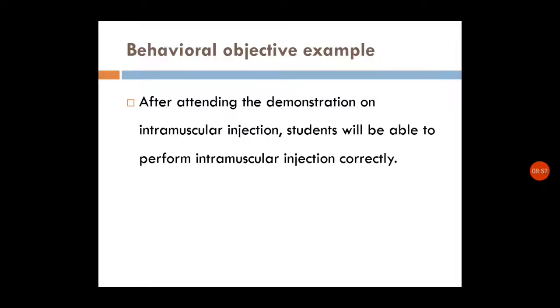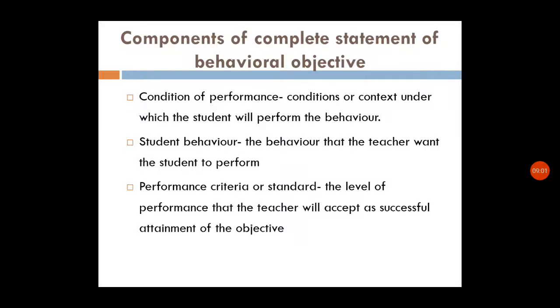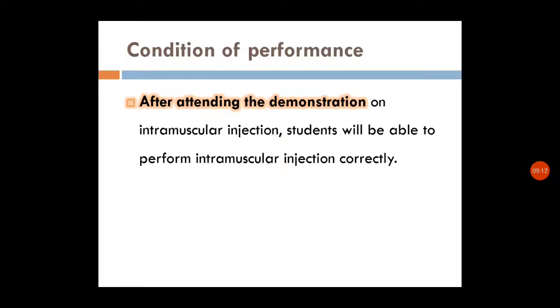So we can see there are three components in a good behavioral objective. The first was condition of performance, the second is student behavior, and the third one is performance criteria or standard.